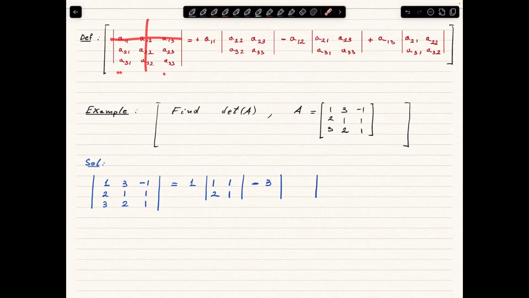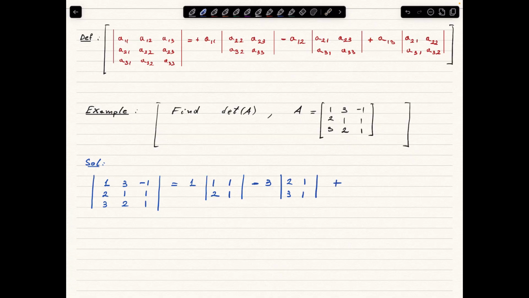So we are focusing on this coefficient, we eliminate that row, we eliminate that column, and what remains is what goes here: 1, 1, 2, 1, 3, 1. Okay? And now it is a plus sign.